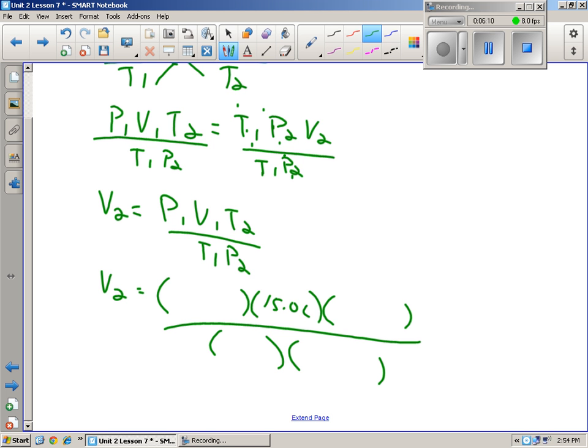STP means standard temperature and pressure, right? That was one of the things we looked at yesterday. Back at the periodic table, get them out, let's go. STP, look it up. STP, standard temperature and pressure.